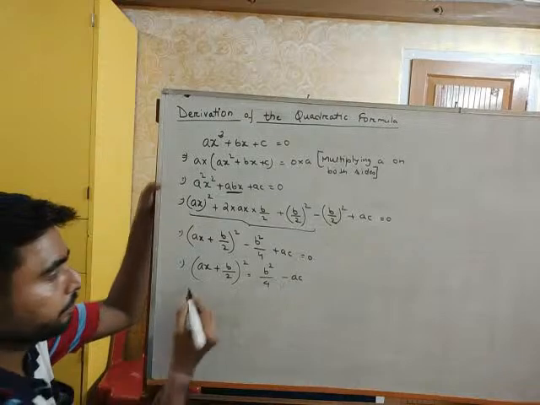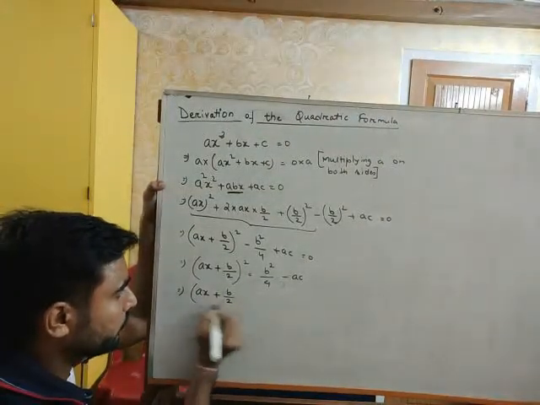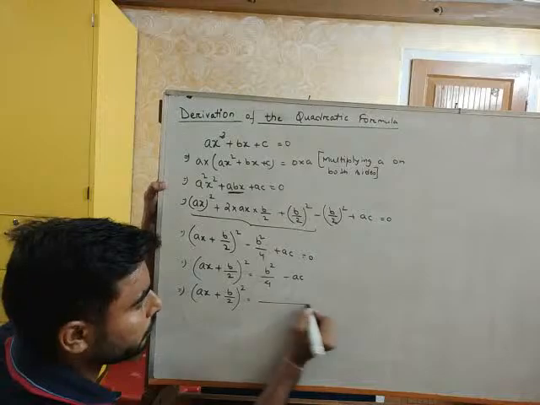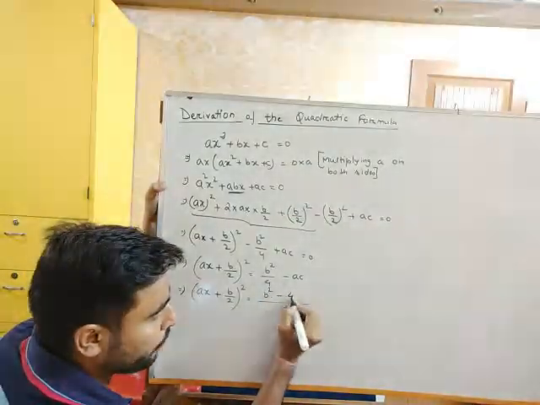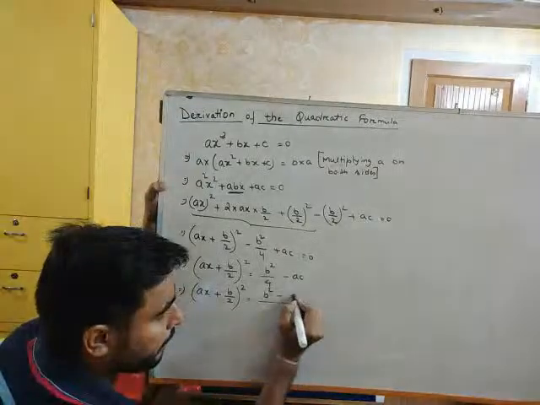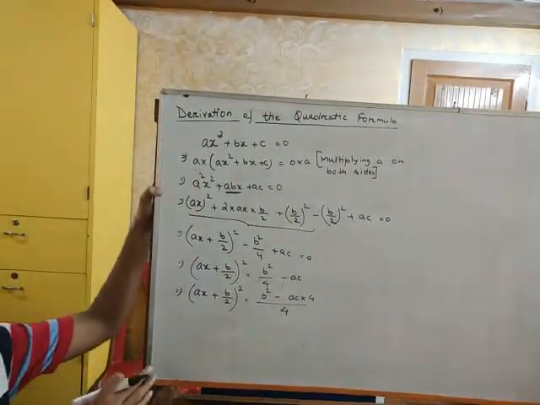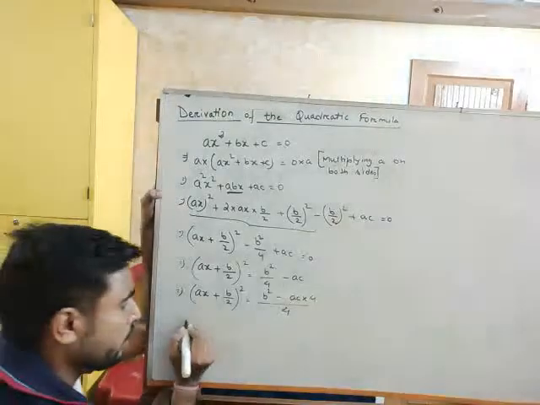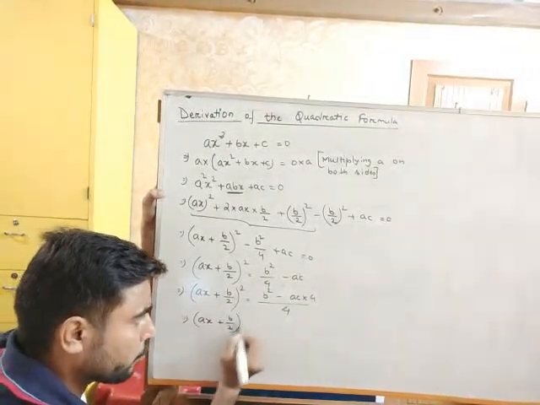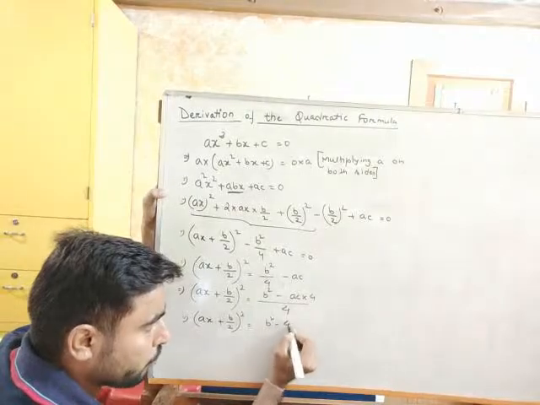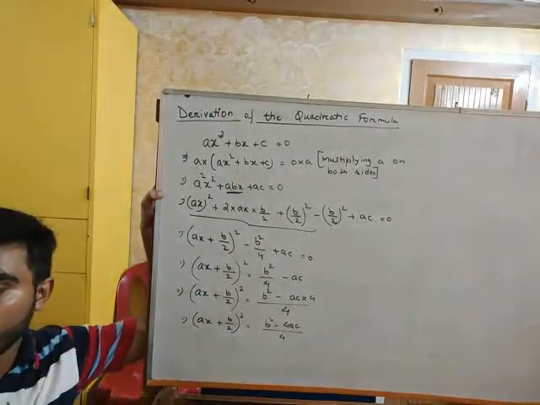So the LCM will be 4. Here it is b square, and ac will be multiplied with 4, because the denominator is 4 and for ac the denominator is 1. So now ax plus b by 2 whole square is equal to b square minus 4ac divided by 4. Got it right, all of you?